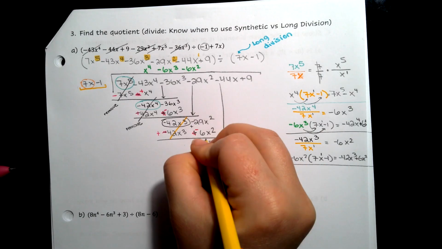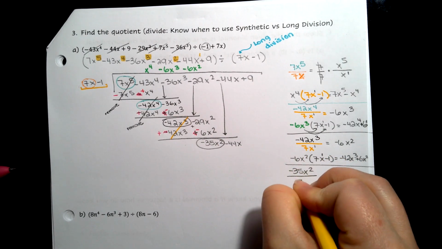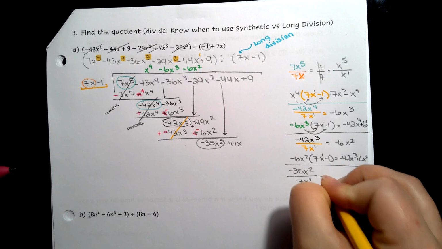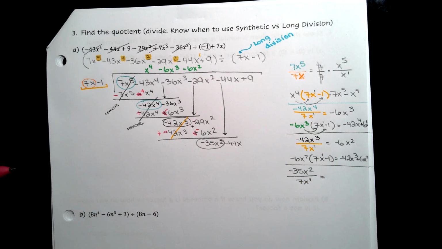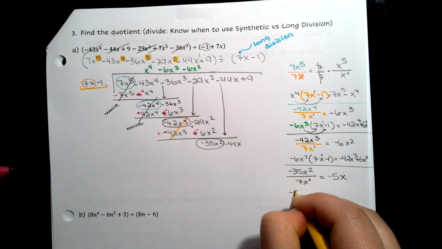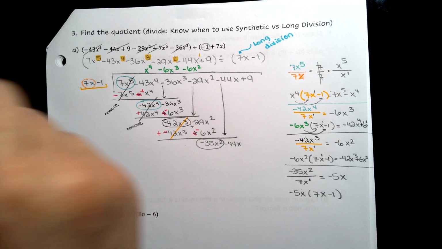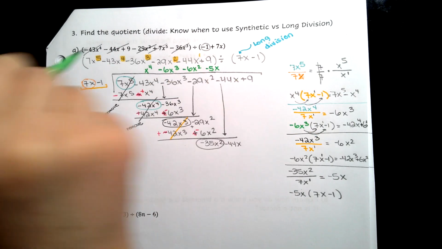Doing our steps again, now with negative 35. Negative 35 divided by 7 is a negative 5. 2 minus 1 is just 1. Let me write in my negative 5x so I don't forget.